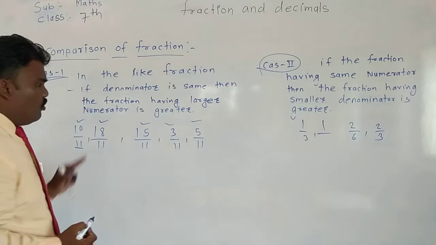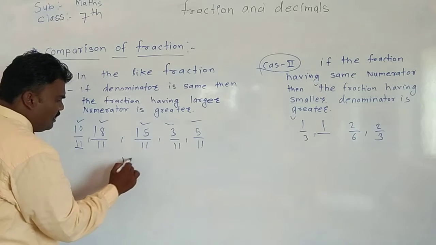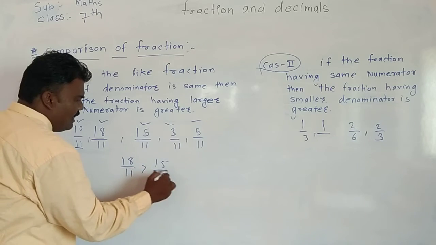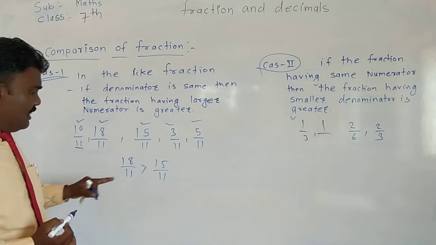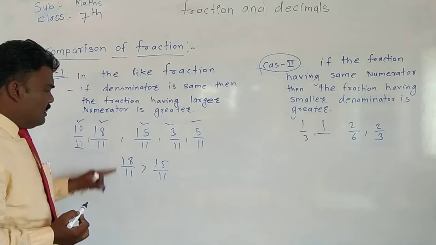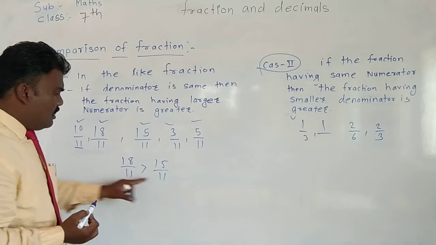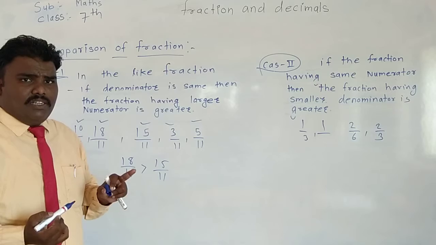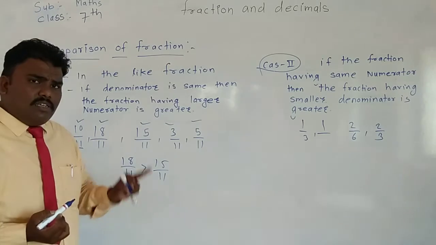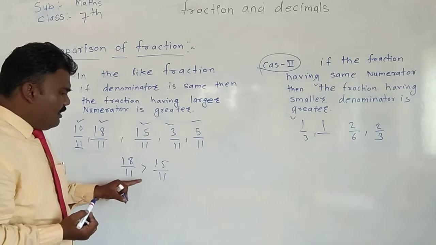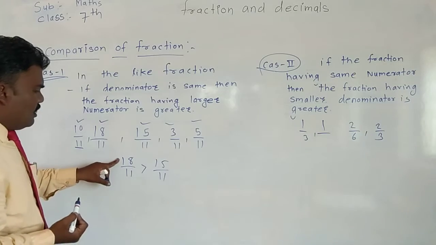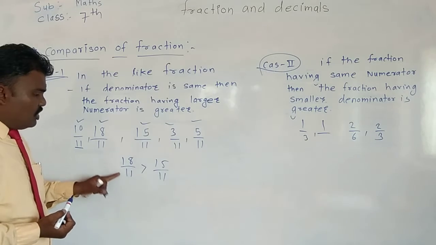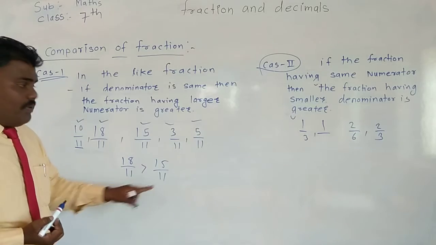So there are 5 fractions, and among them 18 by 11 is greater than 15 by 11. Why do I write it like this? Because both fractions have the same denominator. Understand? Same denominator means the fraction with the greater numerator is greater than the other fraction.